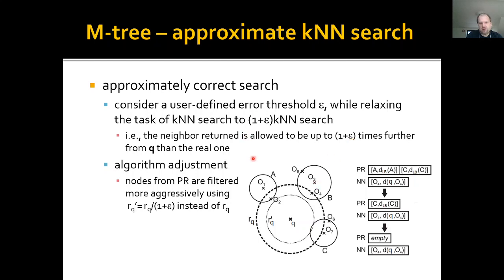And in the algorithm, this is reflected by the adjustment of computing the new radius. Once there is a radius computed from the previous state, for example from infinity to some smaller value, we will not reduce it to the exact value, but we will reduce it more.